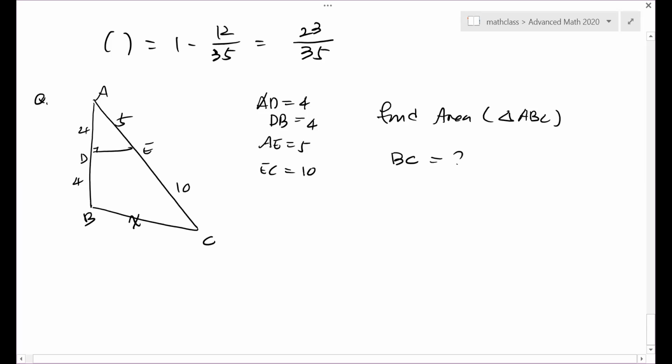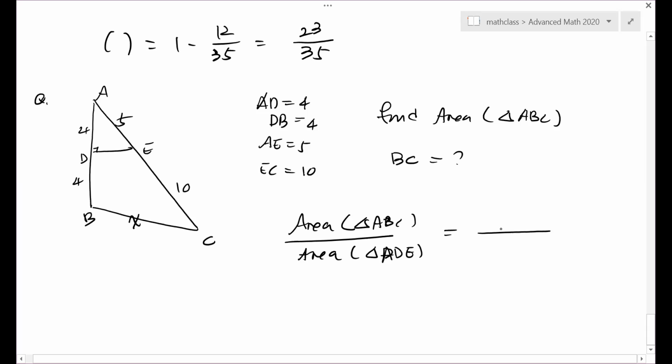To find the area of ABC, we just use the comparison, because the triangles share the same angle at vertex A. So the area of ABC over the area of the small triangle ADE is going to be the ratio of the products, 8 times 15 over 4 times 5.